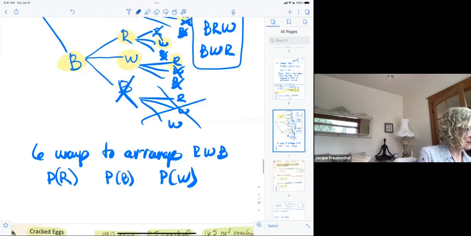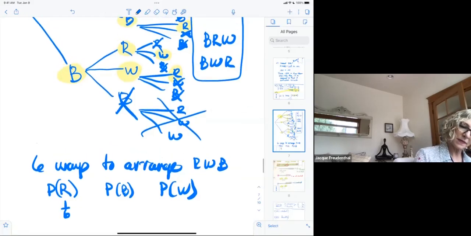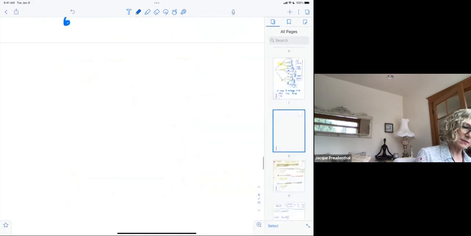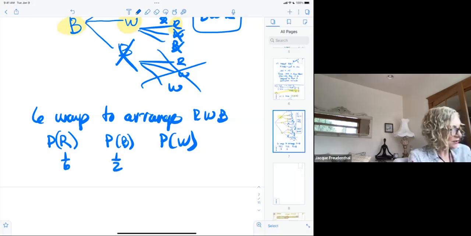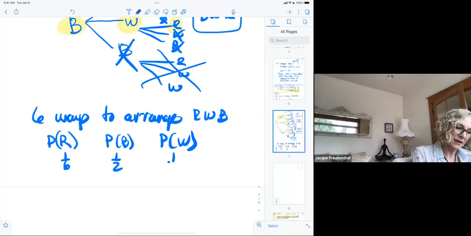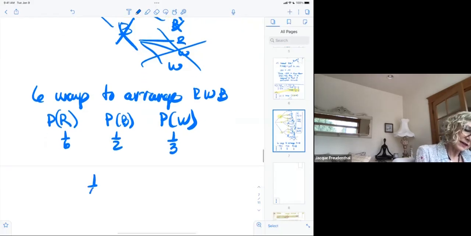Well, we found out that with red, we have 1/6 of a probability. And we know that blue, there's 3 6 or 1/2. Probability of white is 2 6 or 1/3. So we want a red, we want a white, and we want a blue.